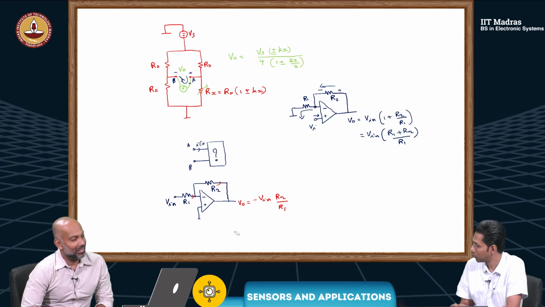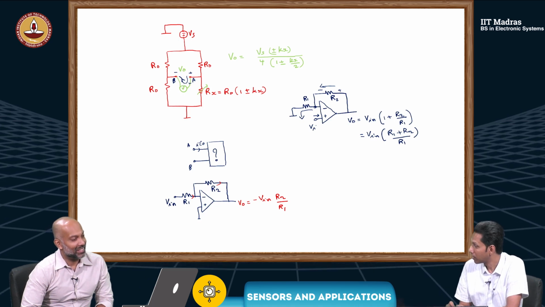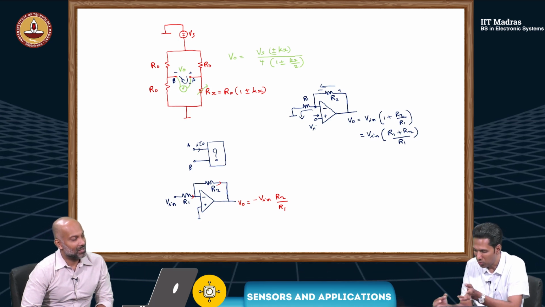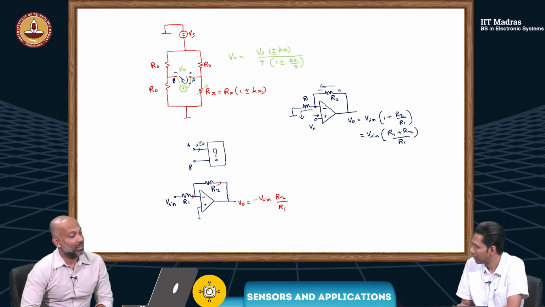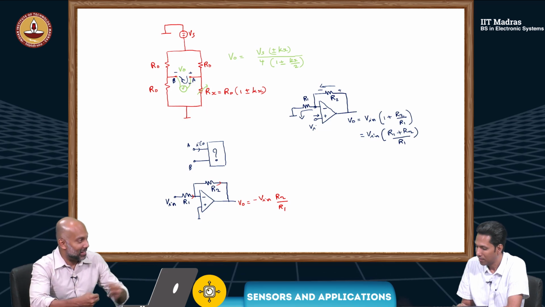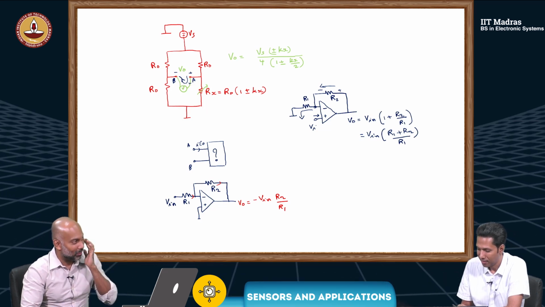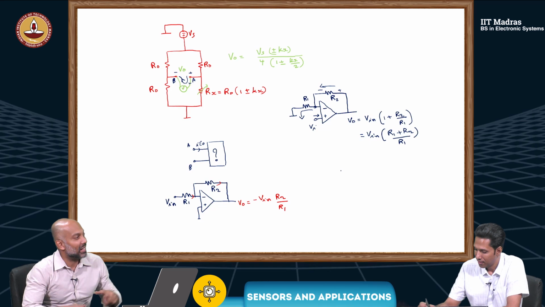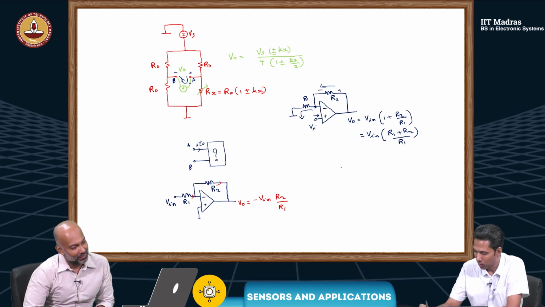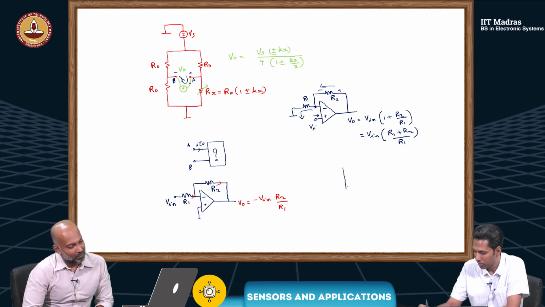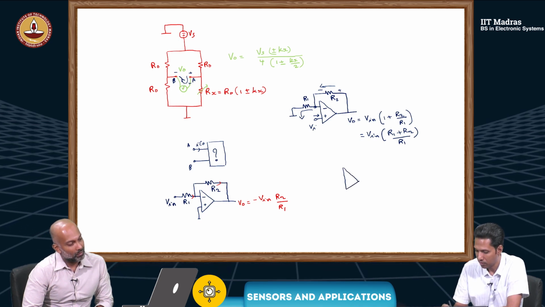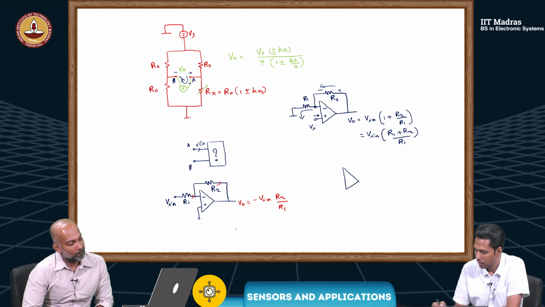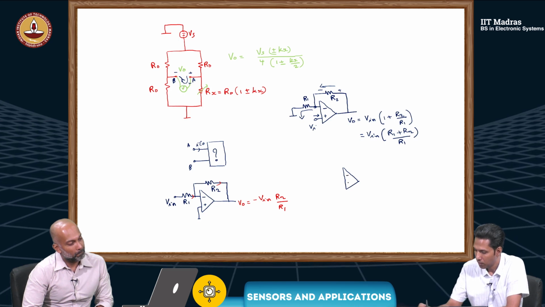This much we know, but the gain is different. So somehow if we can combine these two, probably we can. But not in the sense of combining, because you said that's not a very good solution. Yeah, but even combining the idea. So maybe we can try this. Let's take this inverting configuration, which is this.